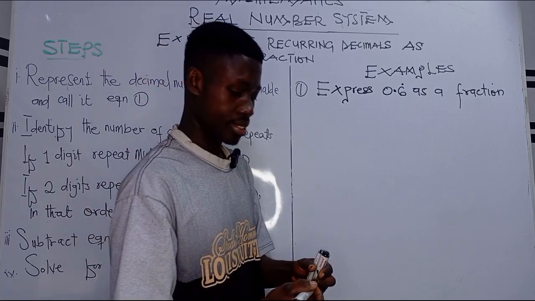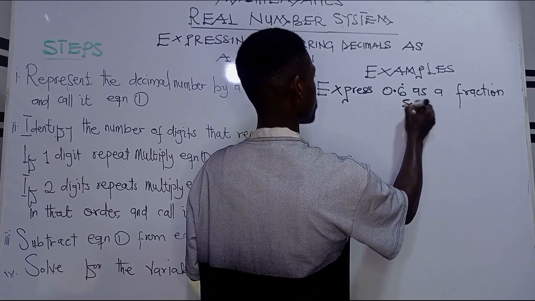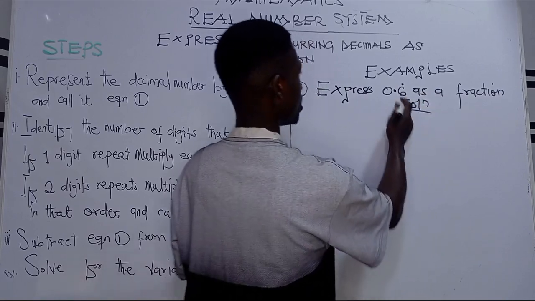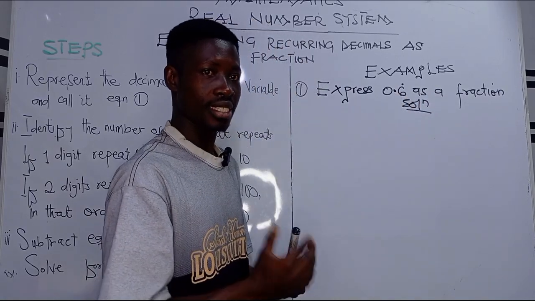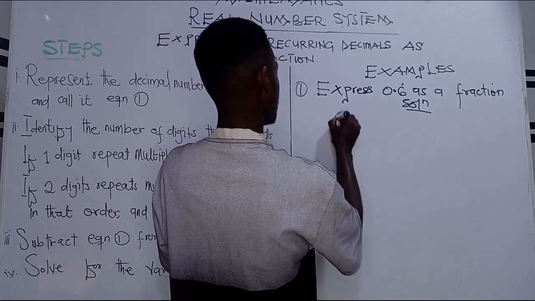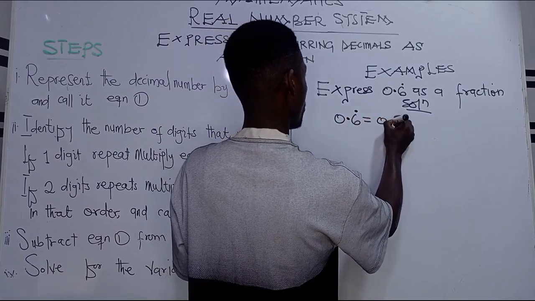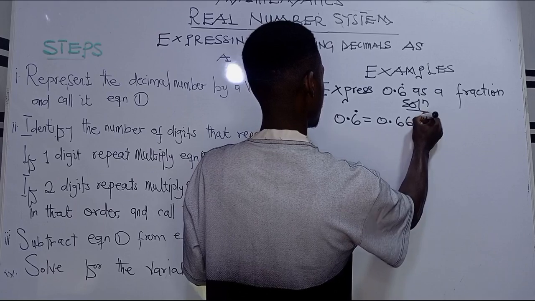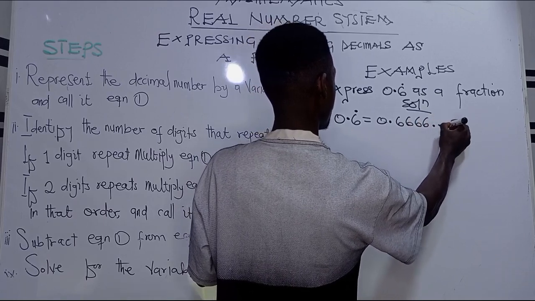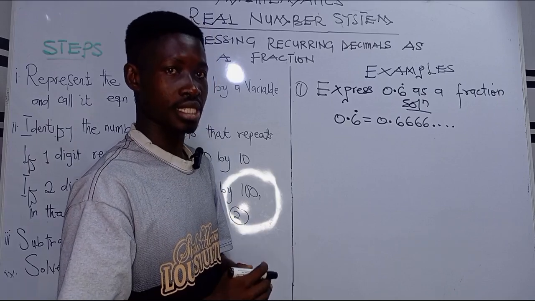We know that 0.6 dot is a recurring or repeating decimal, so we can write it as 0.666 up to infinity. Then we move on to the steps.